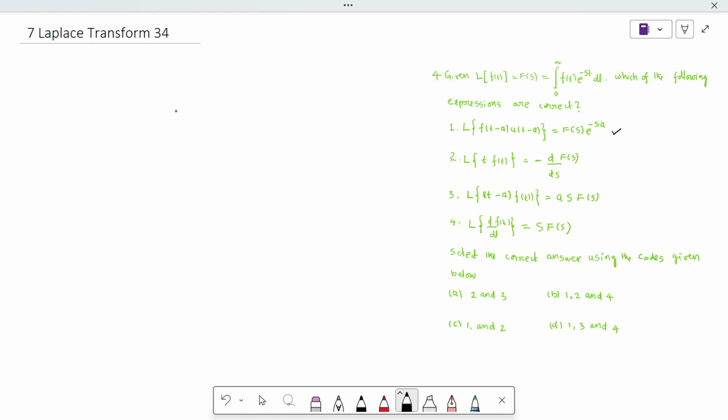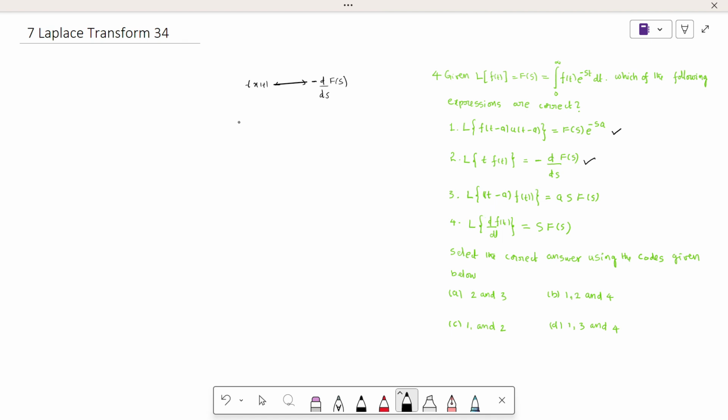And t into f of t, that equals, in Laplace transform, it is called differentiation in the frequency domain, the s domain. So this is minus d by ds of F of s. So it is also correct.